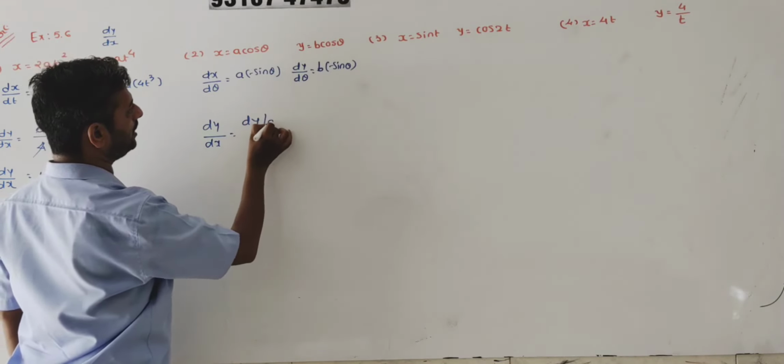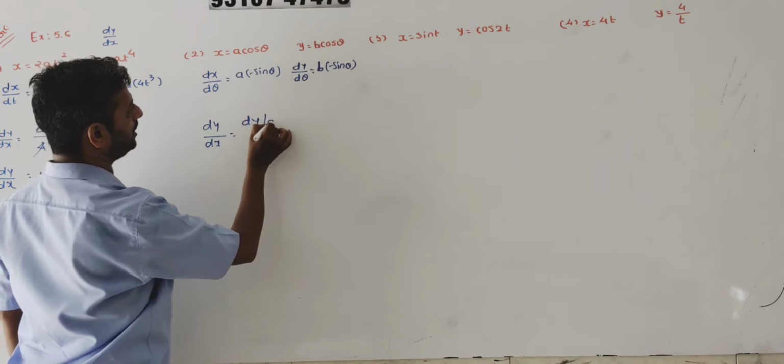Now again, dx by dt is equal to cos t, and dy by dt is equal to minus sin 2t into 2. So now your dy by dx is equal to dy by dt upon dx by dt.